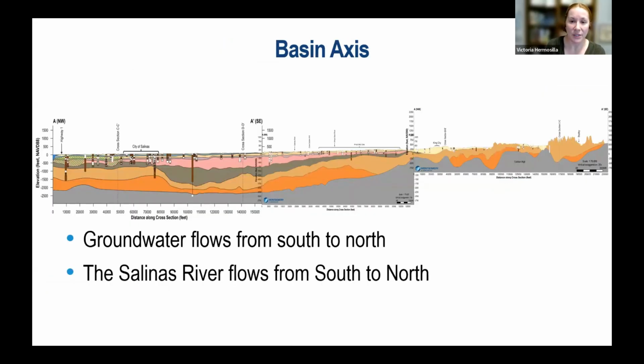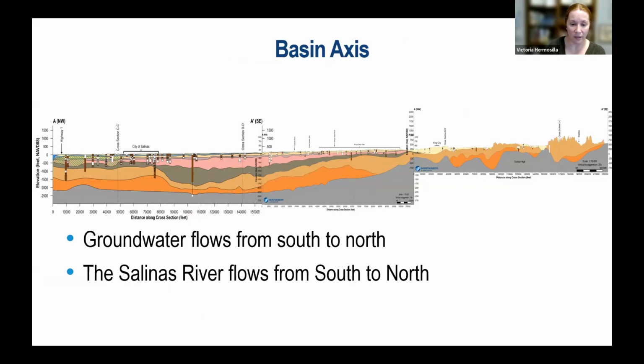And this is all of it put together along the basin axis. So these are three of the cross sections you've seen before for the 180, 400, Forebay, and Upper Valley subbasins. You can see that basin geometry pretty well in the gray unit at the bottom of each of these sections, and the way that these layers really are connected.